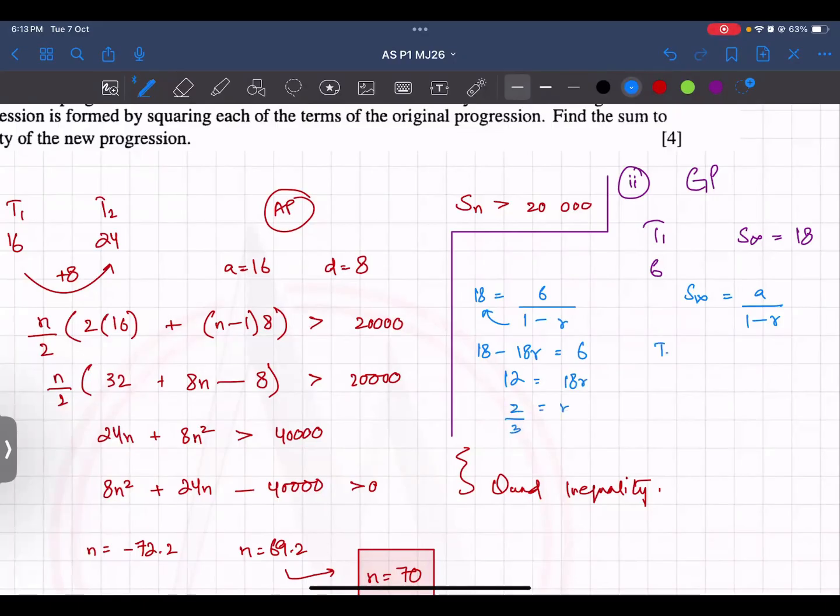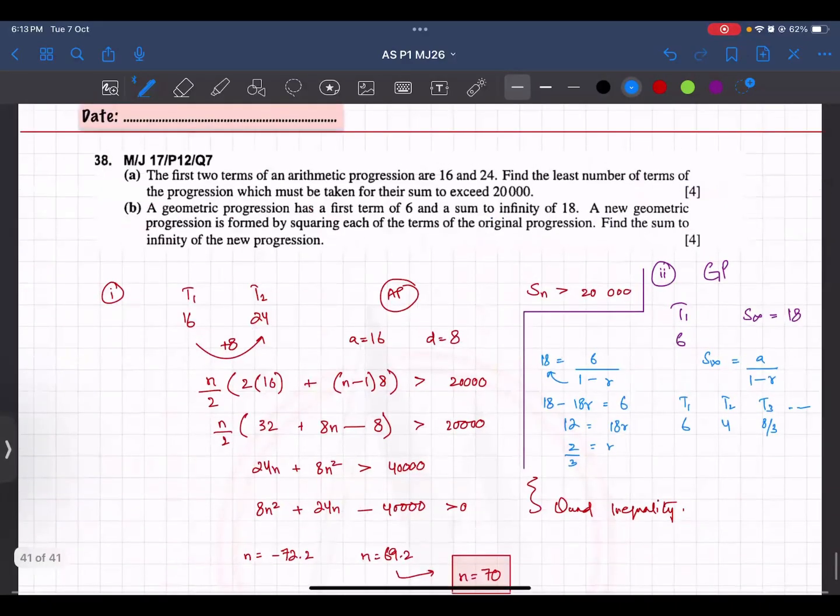So this means the term 1, term 2 and term 3, I'm just finding out the terms. So first one is 6, then the next one would be 6 times 2 upon 3, which will be 4. Then again, this would be 8 upon 3. And now what are they doing?